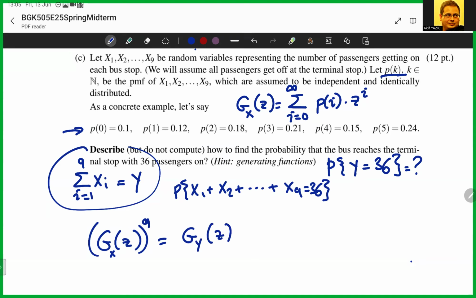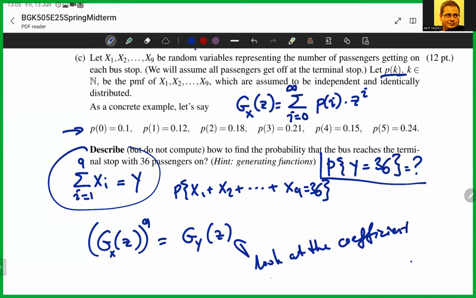And if you do want the distribution, you can take the inverse transform. But you are only interested in this probability. So look at the coefficient of z to the power 36 in this generating function, and that will be your answer.